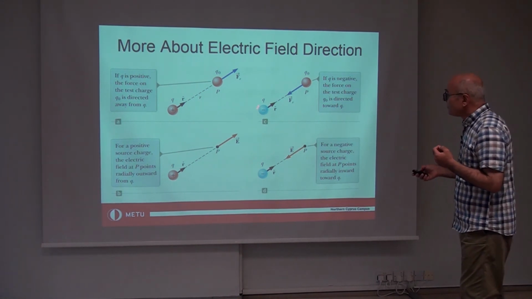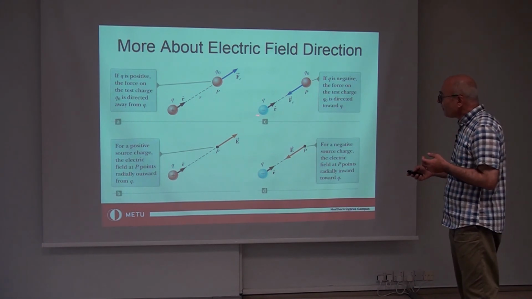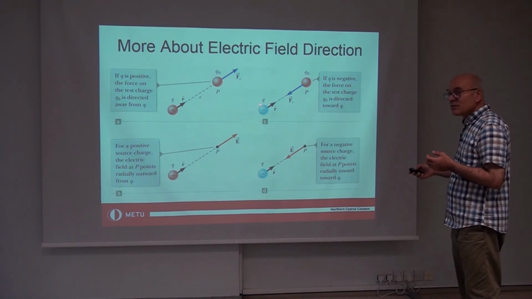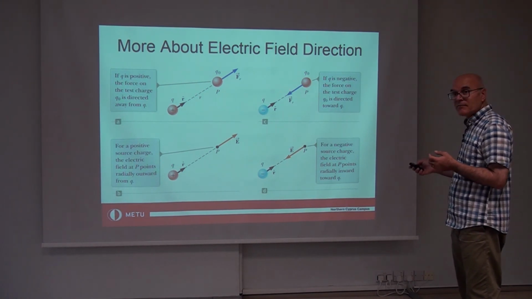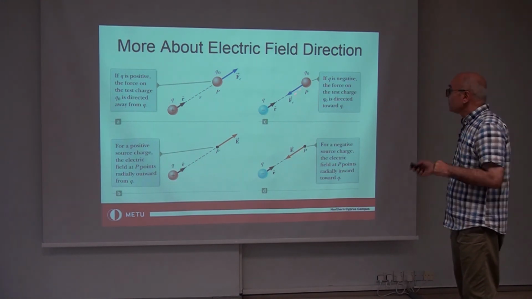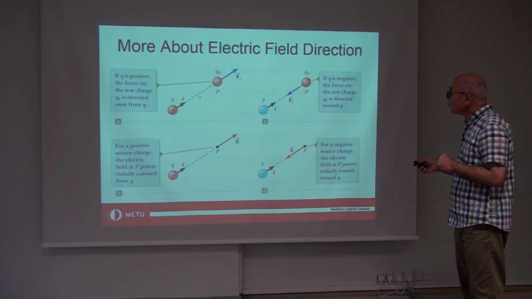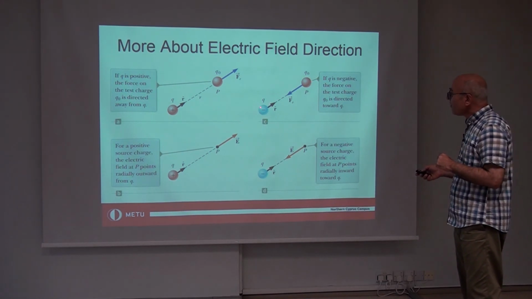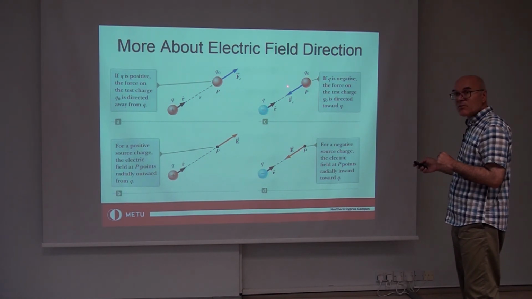Now, in the second example, the source charge is negative. So I have a charge which is minus Q, and I'm placing it here. I want to find the direction of the electric field at point P. I bring in a positive test charge, put it here, and find the direction of the force by this minus Q on this positive test charge.